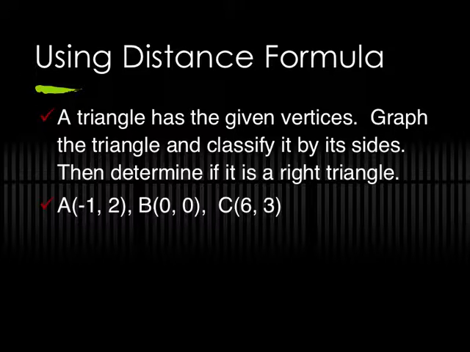We'd like to classify this triangle by sides, and then determine whether or not it's a right triangle. I'm not even going to bother graphing it. I'm just going to have you do some calculations. I would like to know how long is AB, how long is BC, and how long is AC. So go ahead, start punching numbers in there. Question?